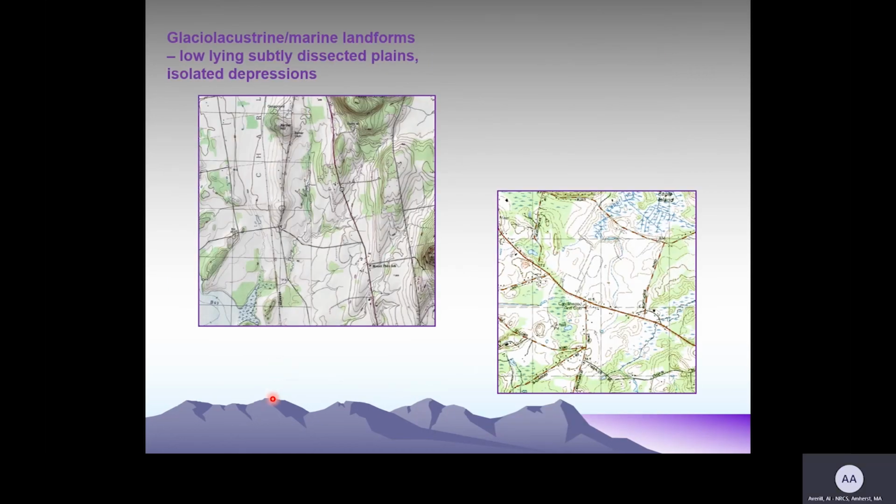Where do you find this type of stuff? In the low-lying areas where the glacial lakes used to be. This is a topographic shot of an area in northeastern Massachusetts along the coastal area, where these were marine inlets and estuaries and so forth, where those silts and clays were deposited.